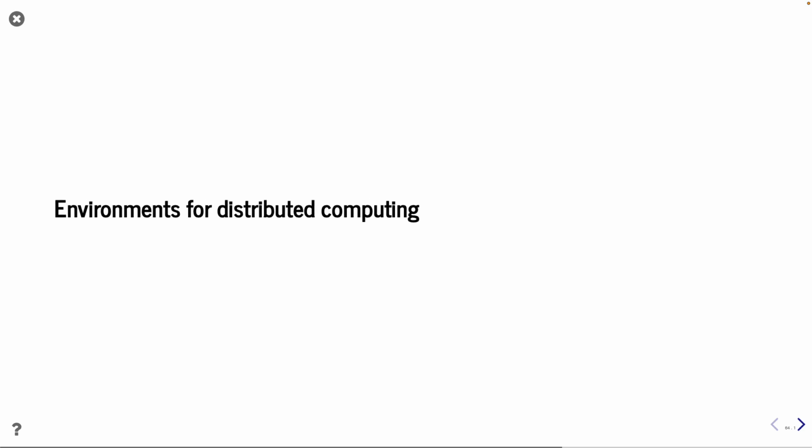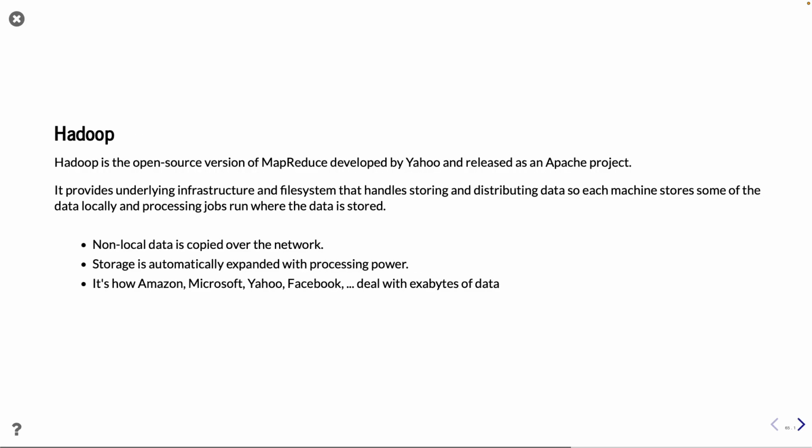So that was one example of how you can do this MapReduce, which is a similar approach that Google is using for their mapping of web pages. We have different environments. Hadoop is a system that was developed by Yahoo as a part of the Apache project.